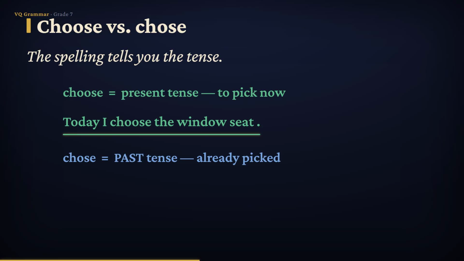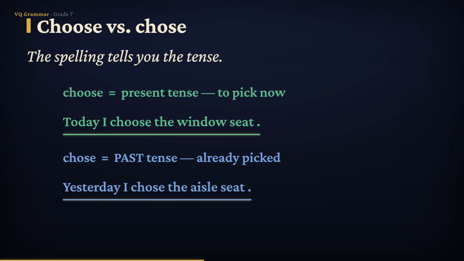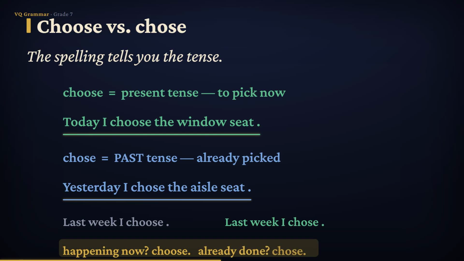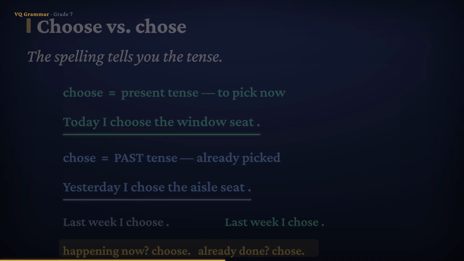It means you already picked. For example, yesterday I chose the aisle seat. Watch this common slip. Last week I choose. Because last week is over, that one is wrong. It has to be the past. Last week I chose. So ask when it happens. Happening now is choose. Already done is chose.